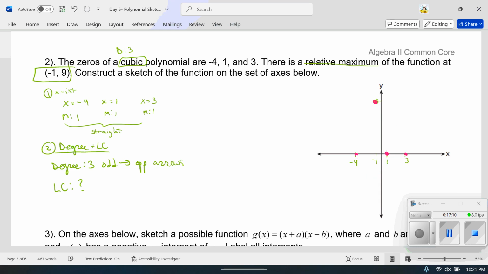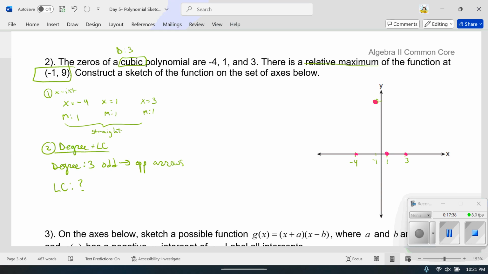What you can't do is do this. That looks nice, however, you did not draw a cubic function because both sides go up, which gives you an even degree. Also, by turning around in the middle, you created an extra x-intercept, which is not allowed. If they're telling you it's a cubic, you must have 3 intercepts only.